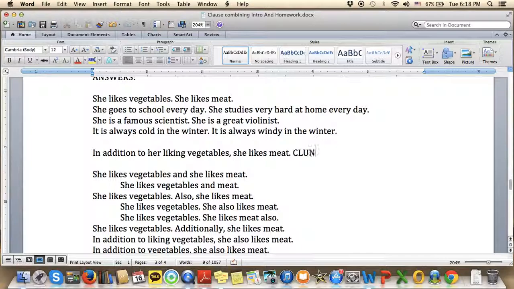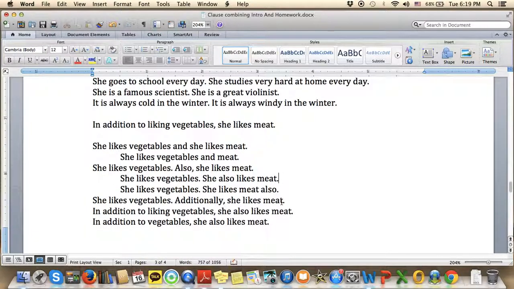Clunky meaning it's awkward, it's strange. So, instead of saying in addition to her liking vegetables, I probably want to get rid of this her right here, because I've already specified it right here. In addition to liking vegetables, she likes meat. And there we go. No more clunky.